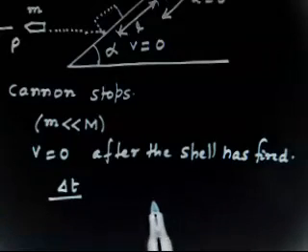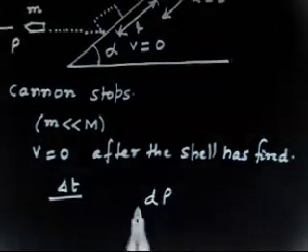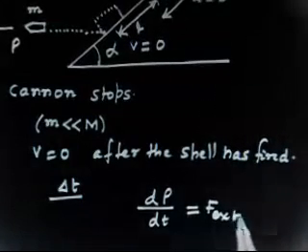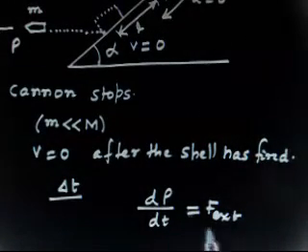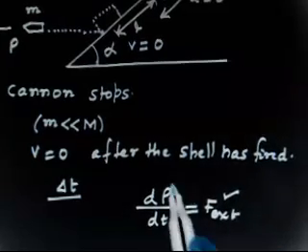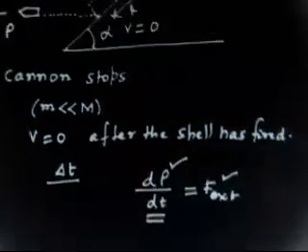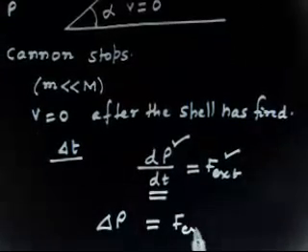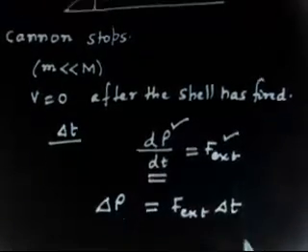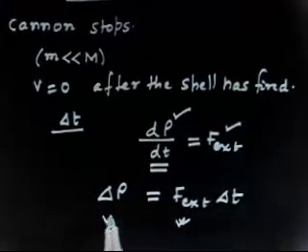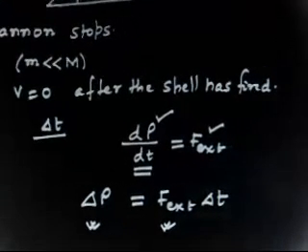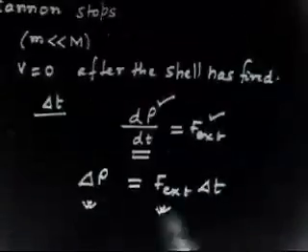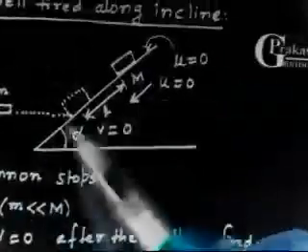Now to do this problem, we will apply dp by dt is equal to F external. So this means if I know F external and if I know dp, I can calculate dt. So the same equation can be written as dp is F external into delta t. And in this case, I will apply this equation in the direction parallel to the incline.